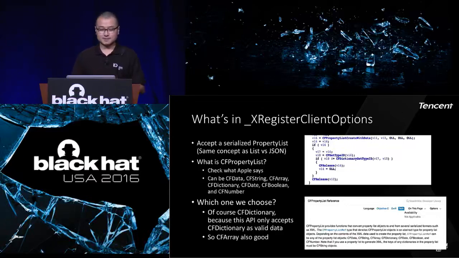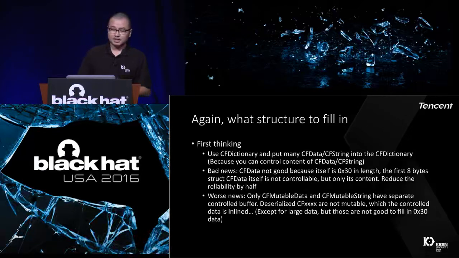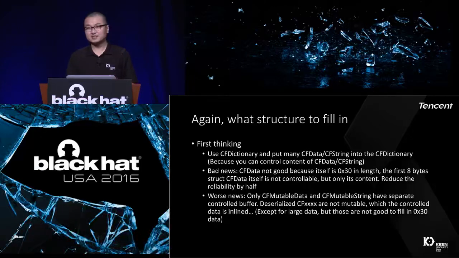And in this process, some complex operations will be handled. So you will find something very interesting. The first thing we considered is that we want to try to fill in with CF data, CF string, or CF blah, blah, blah.